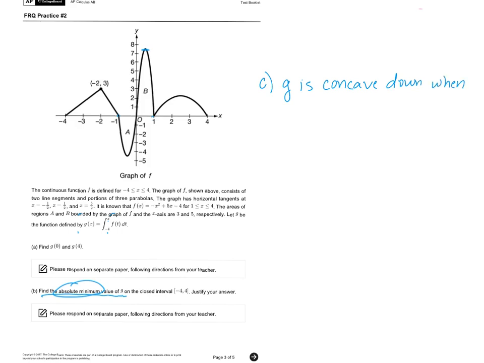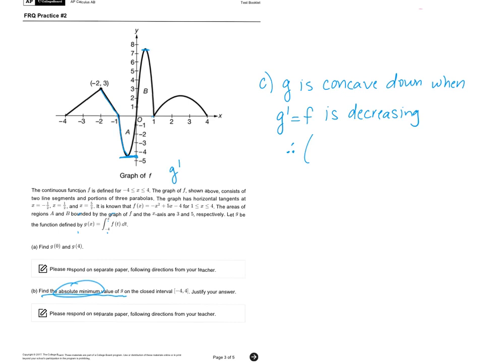again, the graph that was given is G prime. So you have to justify with G prime. G is concave down when G prime, now do you have to write this again? No, if you've written it in part B, you do not have to write that again, is decreasing. Therefore, my intervals would be, well, G prime is decreasing from here to here.